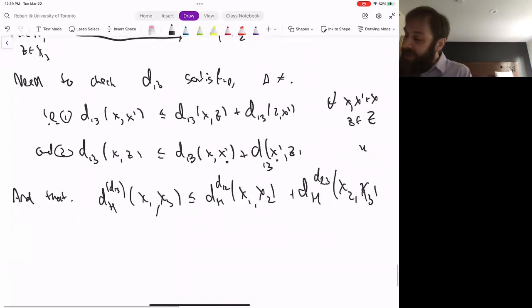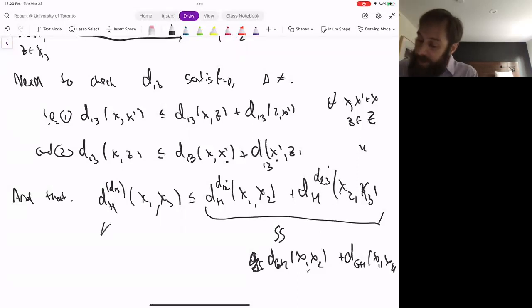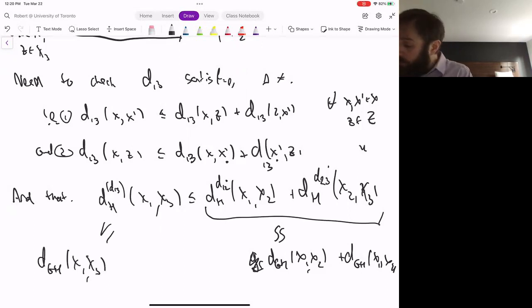If you have this, then since these were arbitrary extensions, you can make this quantity approximate the Gromov-Hausdorff distance between x1 and x2 plus that between x2 and x3 as closely as you like, and it always dominates the Gromov-Hausdorff distance between x1 and x3, so we're done.